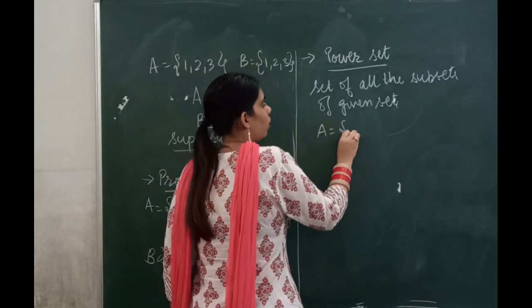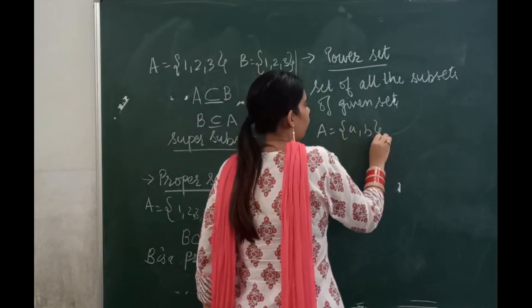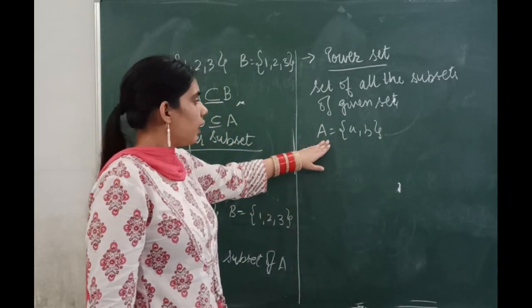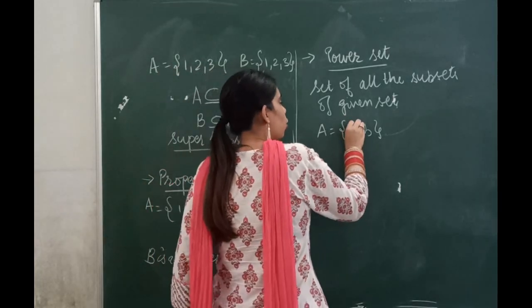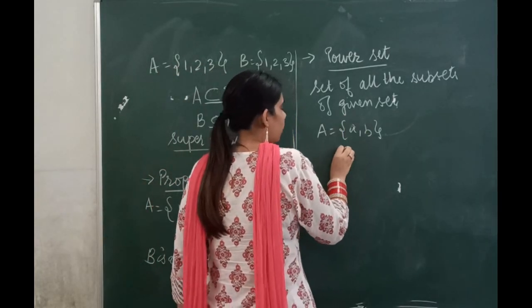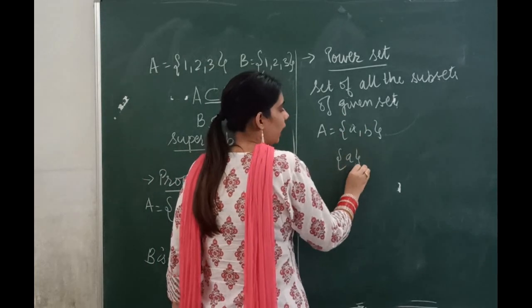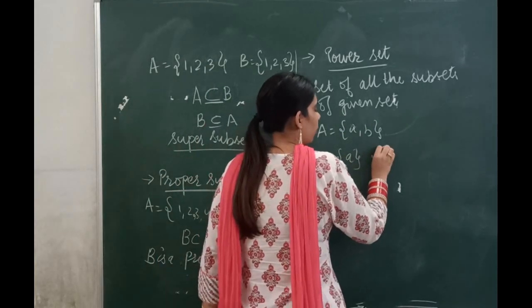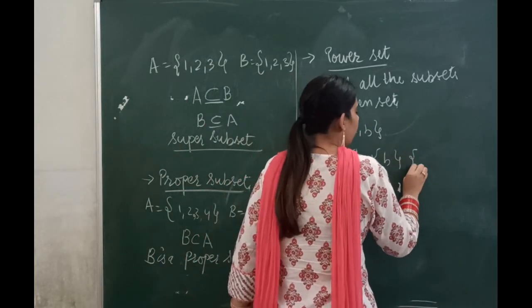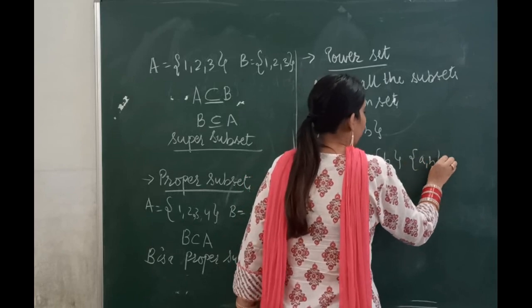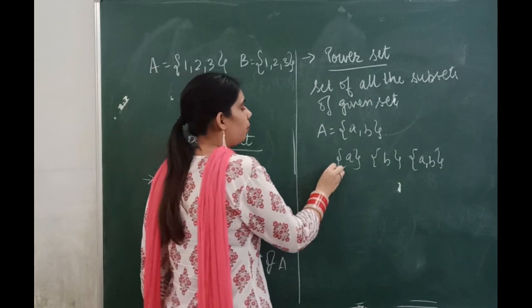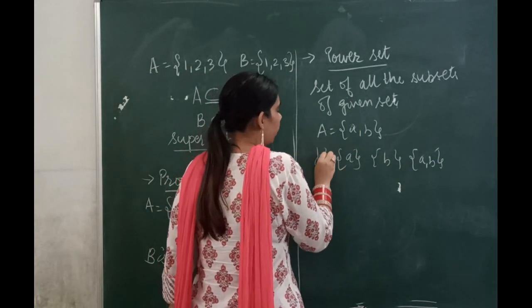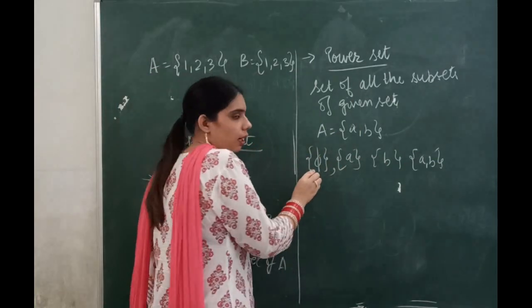Let us explore it with an example. For example, a set contains two elements a and b. So what will be its subsets? Subsets will be {a}, {b}, {a, b}. But I am saying that there will be another subset, that is null.